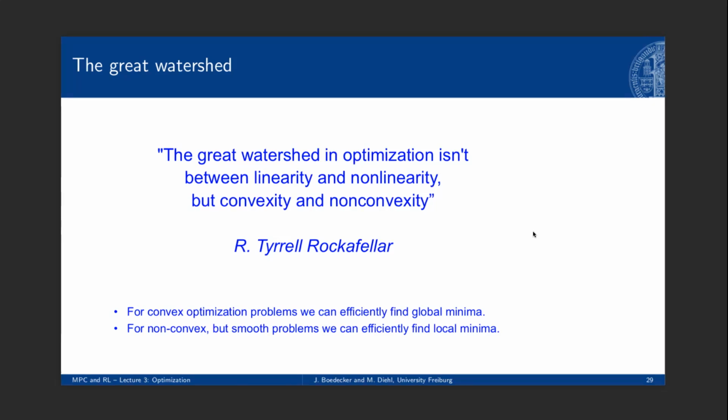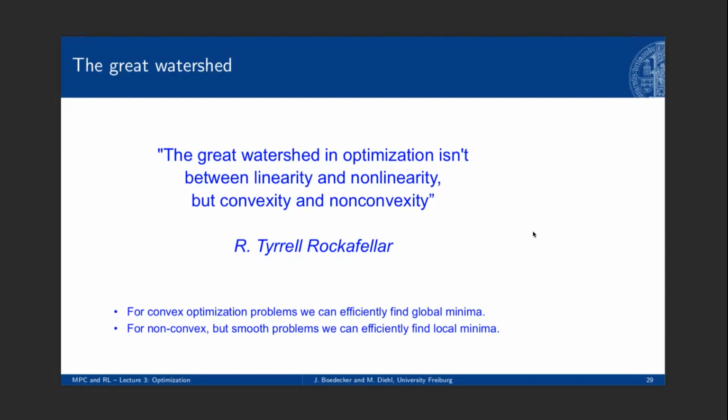There are lots of convex problems out there that might be nonlinear, but they are still convex. And they are really useful to know about, like QP, for example. What we know is that for convex optimization problems, we can very efficiently find the global minimizer. That's extremely useful and extremely powerful.